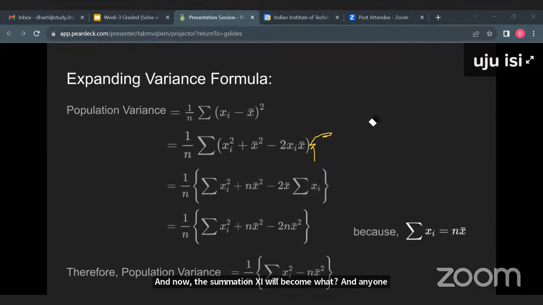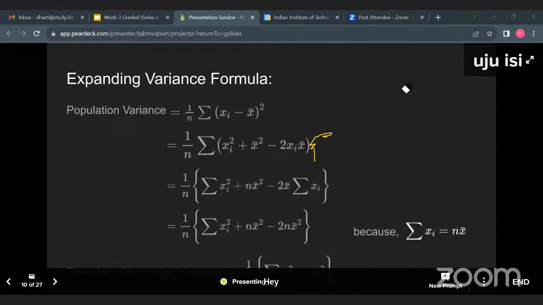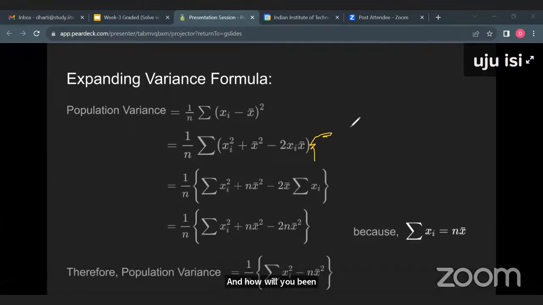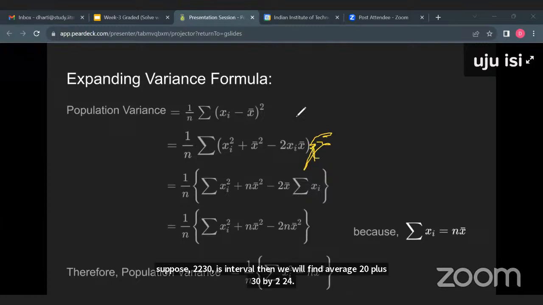Class mark. It means the average value of an interval. And how will you denote this average value? Suppose 20 to 30 is an interval, then we will find the average, 20 plus 30 by 2, 25 would be the class mark.